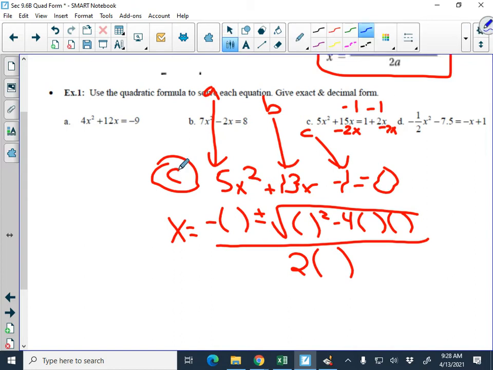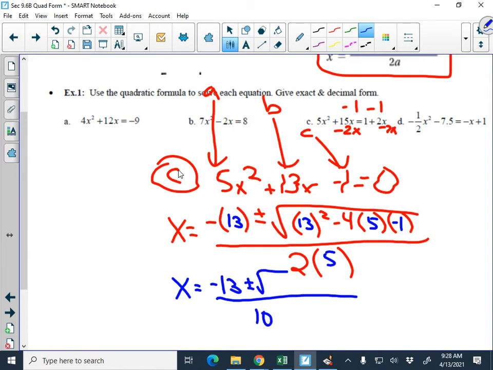It makes it a lot easier if you rewrite the formula, then put all parentheses to fill it in. That's negative 13. The bottom, 2 times 5 is 10.